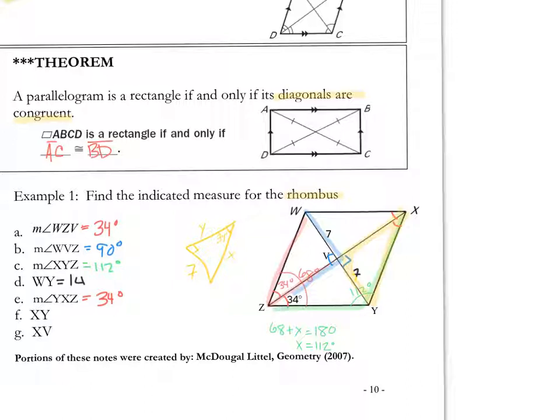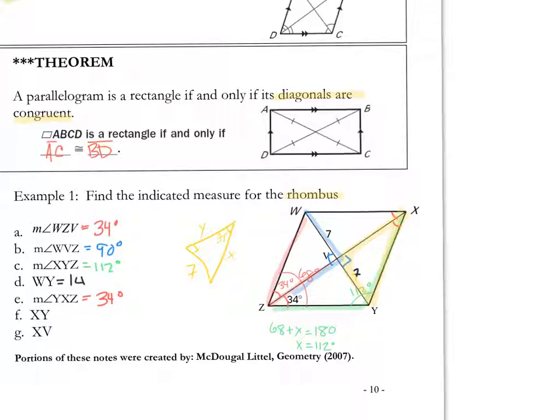V is your vertex, and so you know that the diagonals are perpendicular, so that means that it would be 90. And then the green angle would be XYZ, would be 112, because if both parts are 34, the total angle Z is 68, and 68 plus X is going to be 180. And then I minus 68 and I get 112.